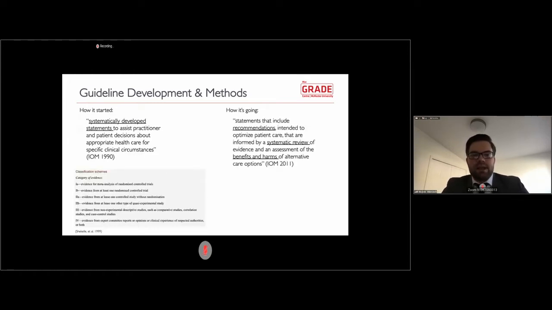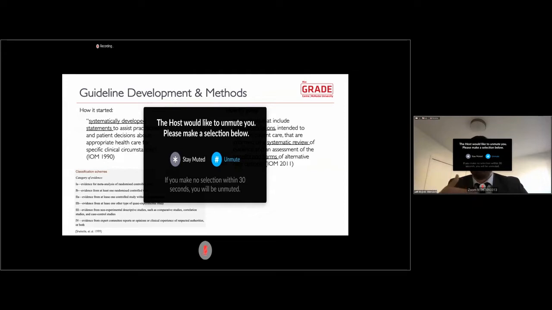In 2011, this definition was updated to statements that include recommendations, specifically outlined now, intended to optimize patient care that are informed by a systematic review of evidence and an assessment of the benefits and harms of alternate care options. So you see those details introduced about recommendations relying on systematic reviews and formal assessment of benefits and harms.